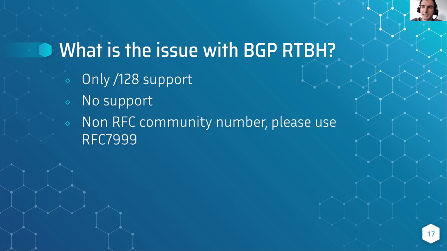But one of the things which is quite unfortunate is that many ISPs, of course, support a black hole community for the IPv6 protocol, but it's implemented only on /128. So you can black hole a specific address, but sometimes you will need to block a /64 or maybe even a bigger network. So it's a good point to clarify with your ISP what the boundaries are, what you can afford blocking.